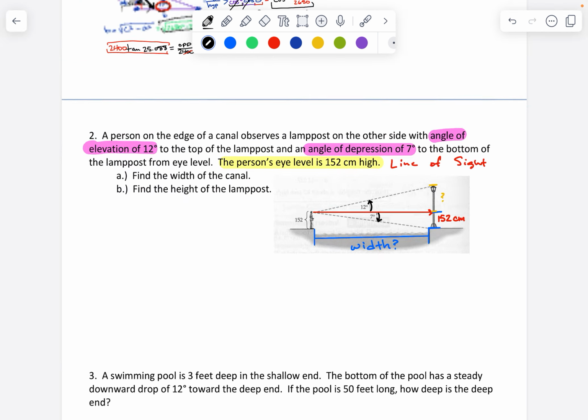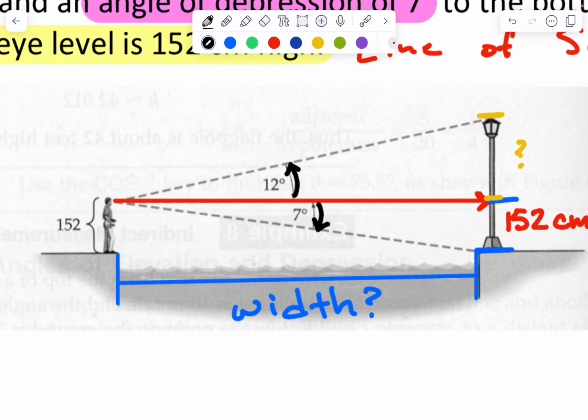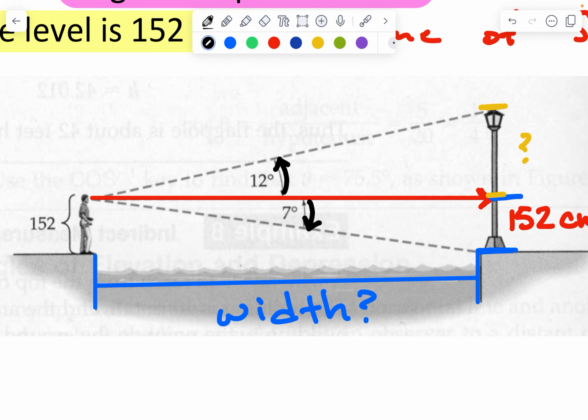Now, the first thing that they ask is to find the width of the canal. If I look at my image, the width of the canal also happens to be the distance from the person's eyes to the lamppost. So those distances correspond.